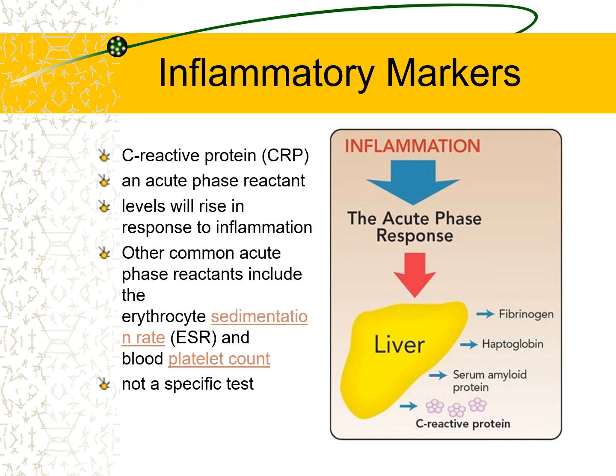It's a very general test, but it can certainly support and point a diagnostician in the direction of sepsis. So if the CRP is elevated, there is inflammation somewhere in the body, and there's also an acute condition occurring in this body. Other acute phase reactants will include your ESR and also the platelet levels. Platelet counts are important here too.